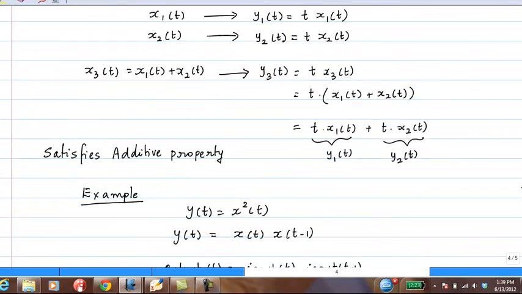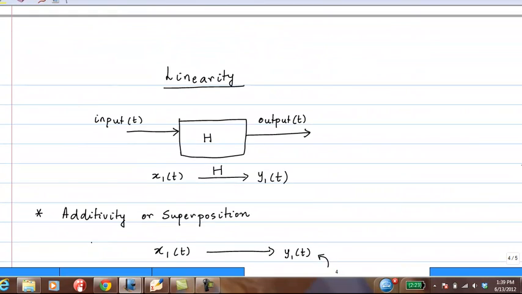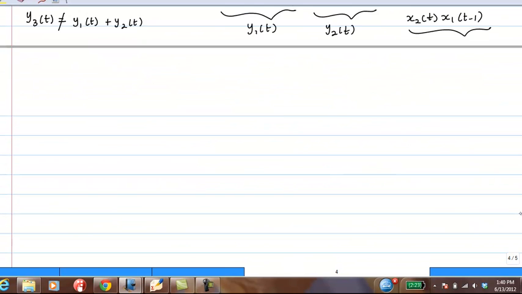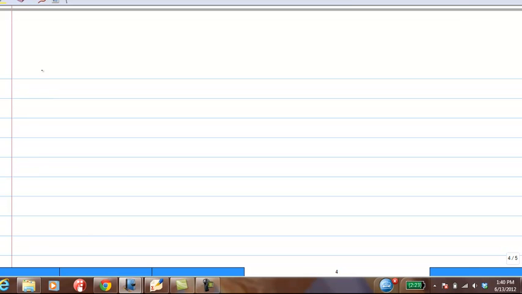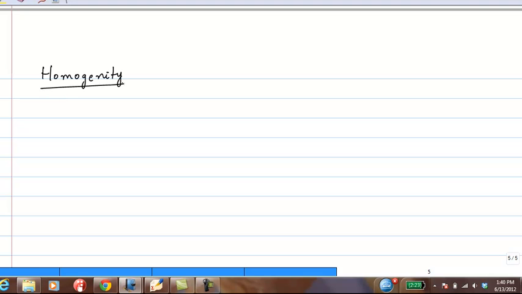All right. So remember, we were talking about linear systems. A system is said to be linear if it satisfies the superposition property and another property called the homogeneity property. We say a system is homogeneous if a scaling of the input by a constant scales the output by the exact same constant.